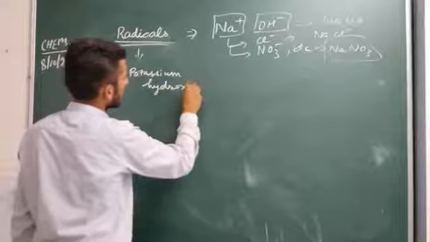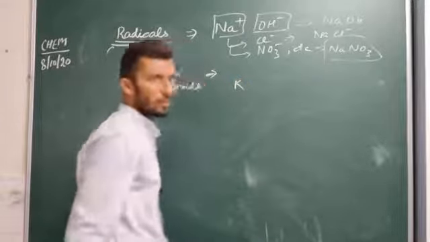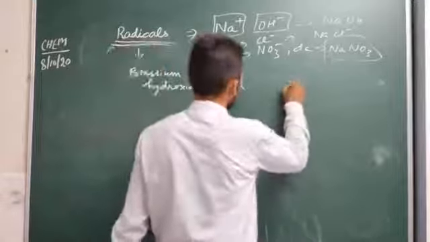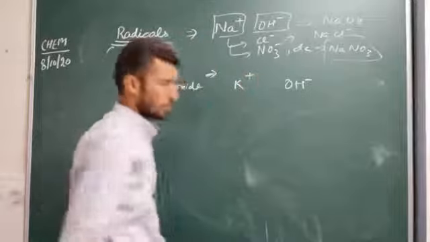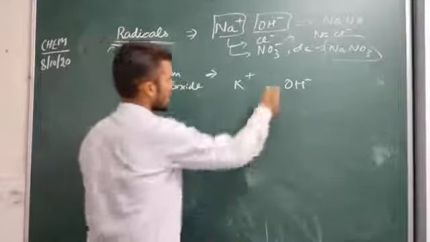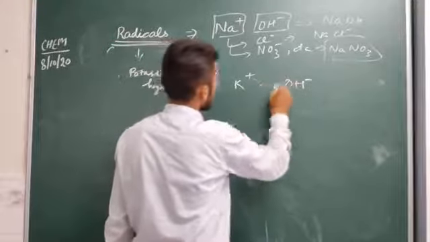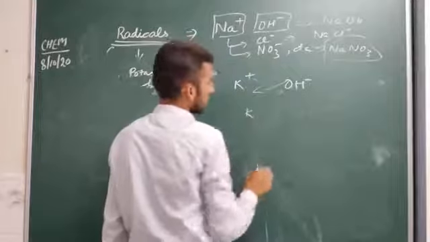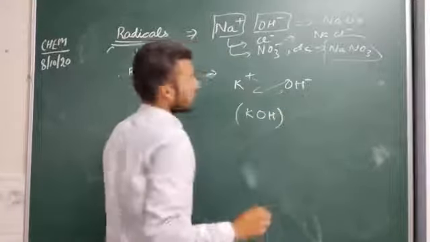Potassium, we know, has the symbol K, and hydroxide is the OH negative ion. K is the positive radical, that is the basic radical, and OH negative is the acidic radical. So what is there? Just their charges are crisscrossed, and we get the resultant.